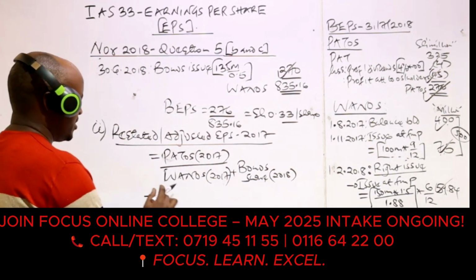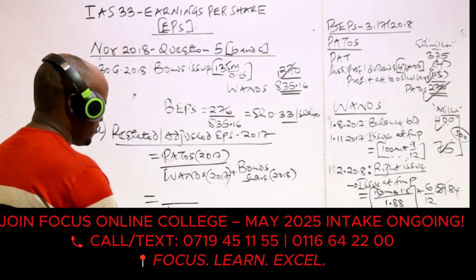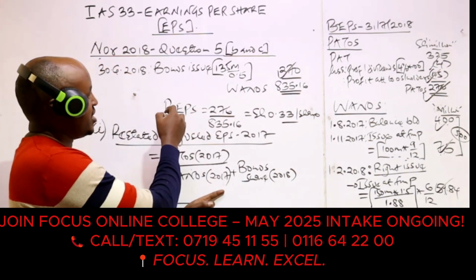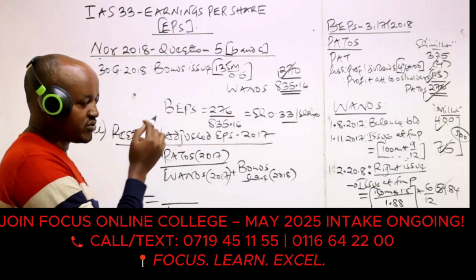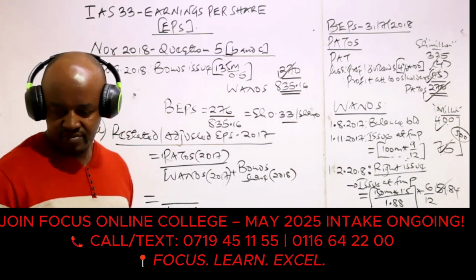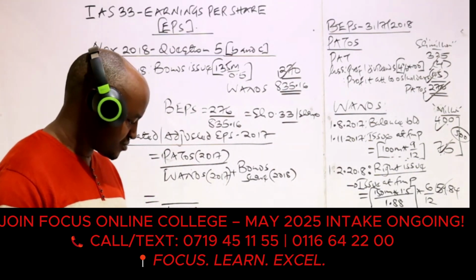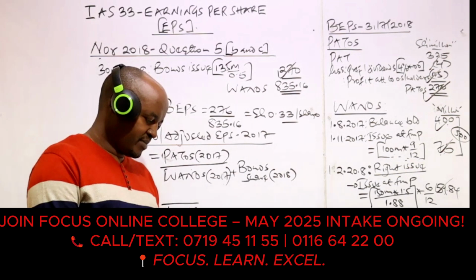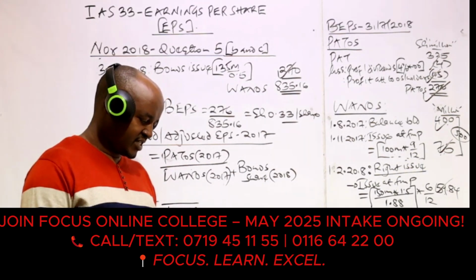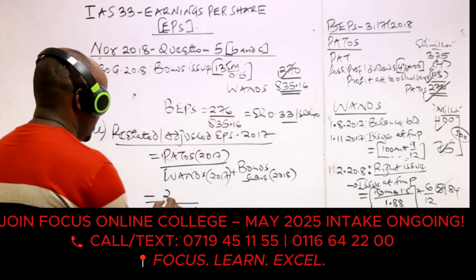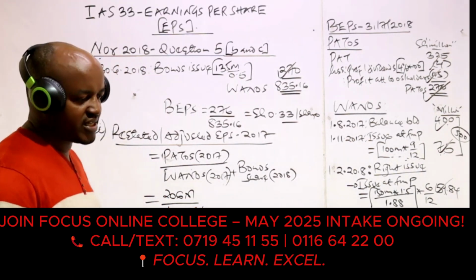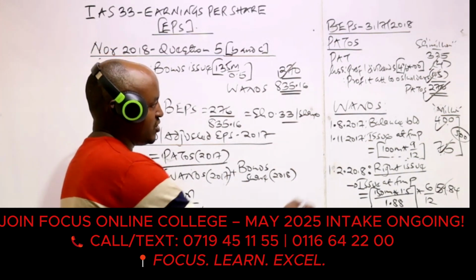So basically in our case, what we used to compute the earnings per share for 2017 was 400 million. And the figure for the PATOS, it was 240 minus 4 minus 30. Yes, it was 206. That was the PATOS. And then to this, what do we need to add? We need to add the bonus shares issued in 2018.